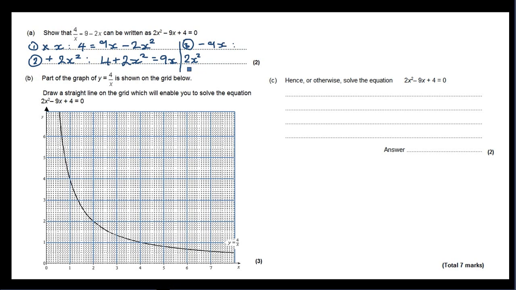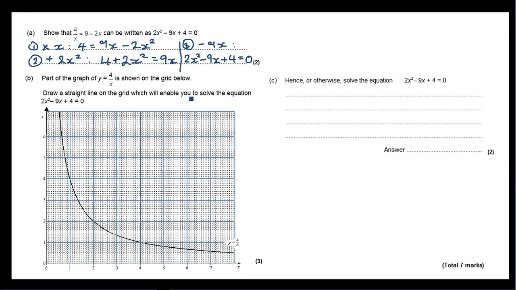I'm just rearranging as well, so commute this so that we get it in nice descending order. 2x squared minus that 9x that we're subtracting, plus the 4, because we've still got a 4 on the left hand side, equals 0. So there we are. We've shown that 4 over x equals 9 minus 2x can be written as 2x squared minus 9x plus 4 equals 0. Okay, I hope that's clear.